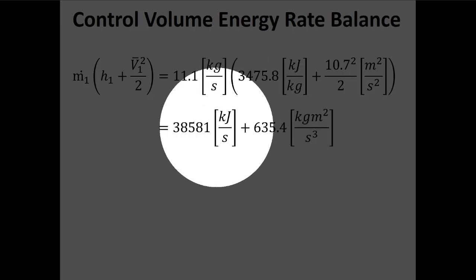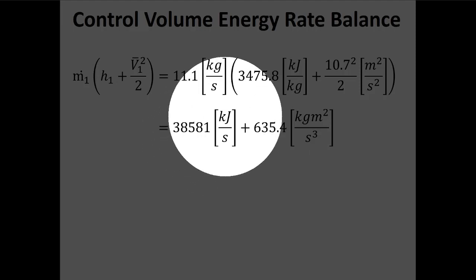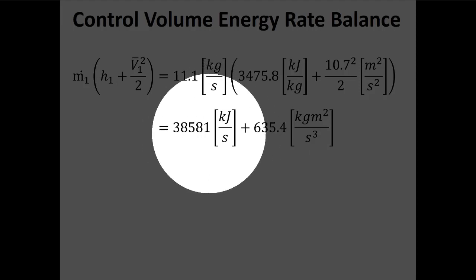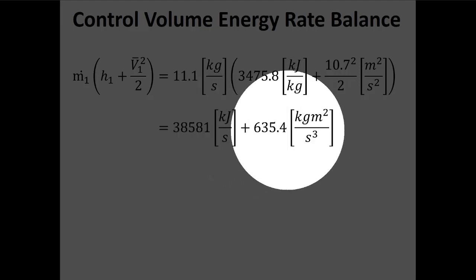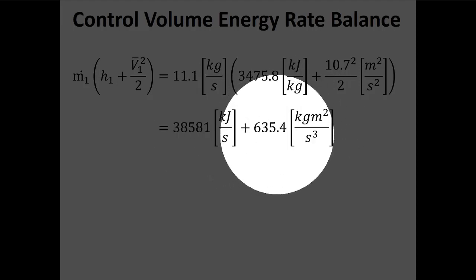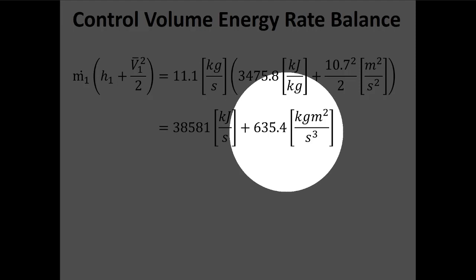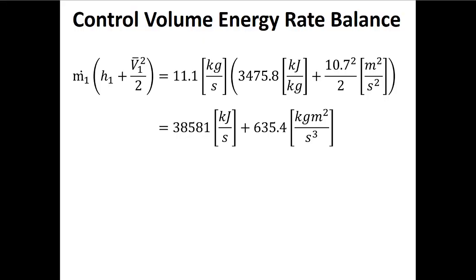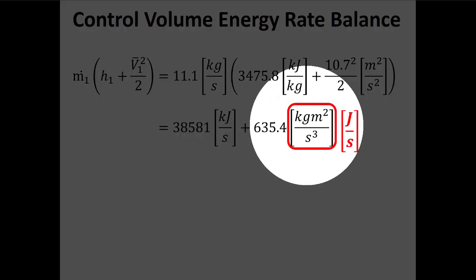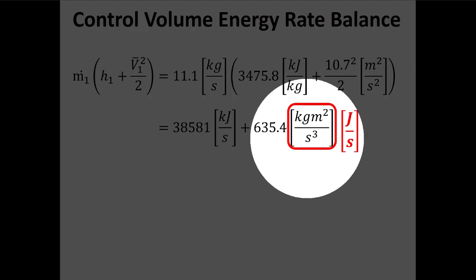Here, so this is nice, because I'm trying to find power. A kilojoule per second is a kilowatt. So that's good. This is what I'm expecting. But over here, I got 635.4 kilogram meter squared per second cubed. I don't necessarily know what that is. So I've got to think a little bit. I can use Newton's second law to turn the kilograms into newtons, and then eventually I'm going to get newton meters per second.